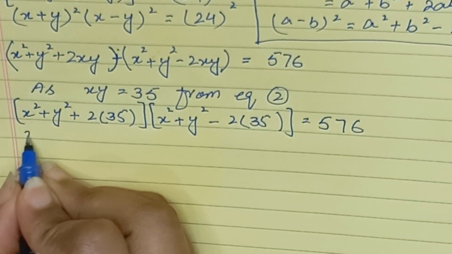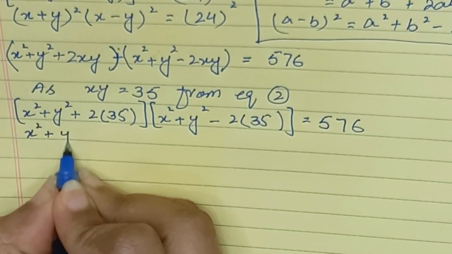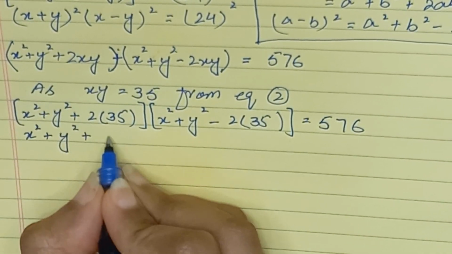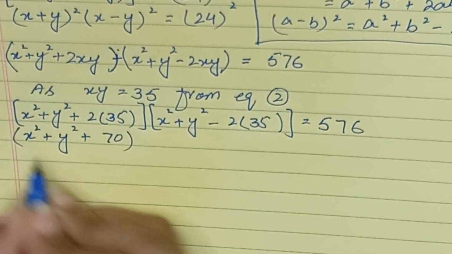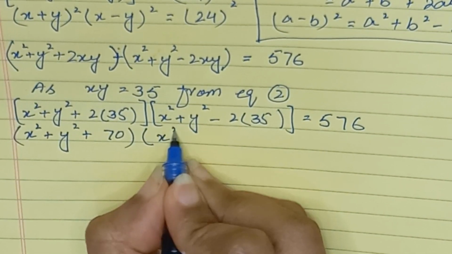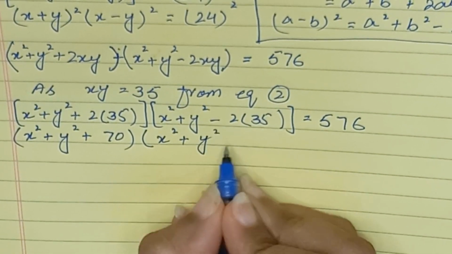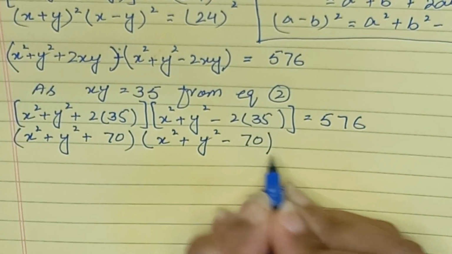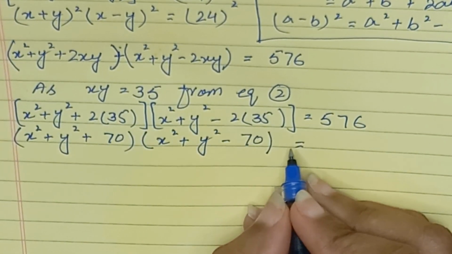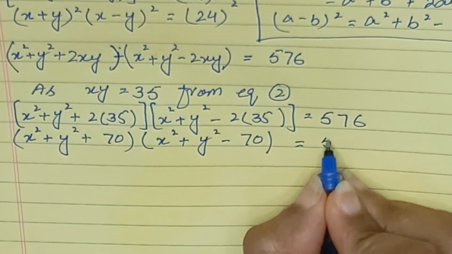Now 2 into 35 is 70, and it will become (x square plus y square plus 70)(x square plus y square minus 70), which is equal to 576.